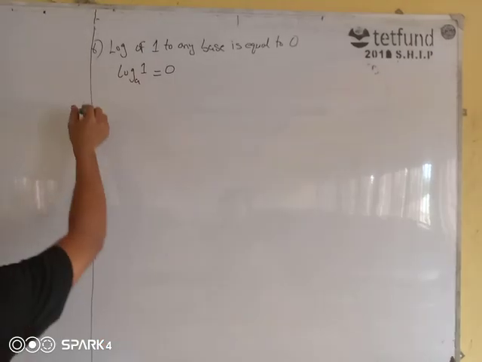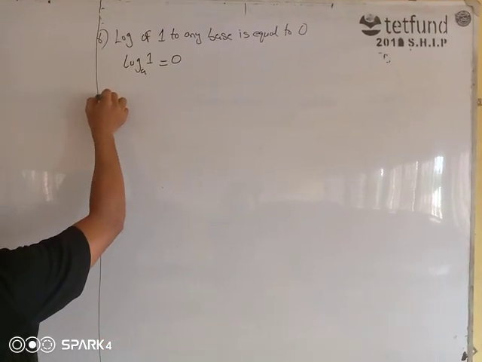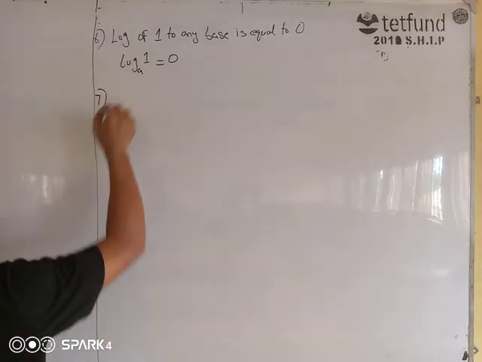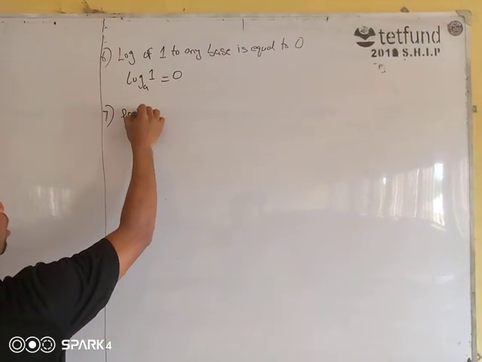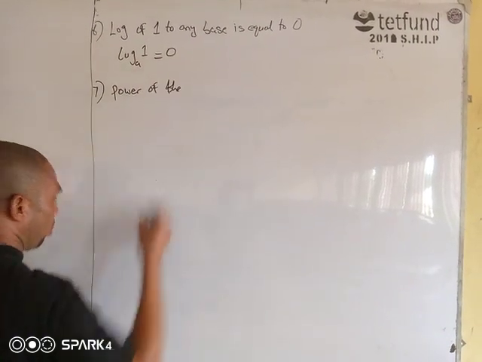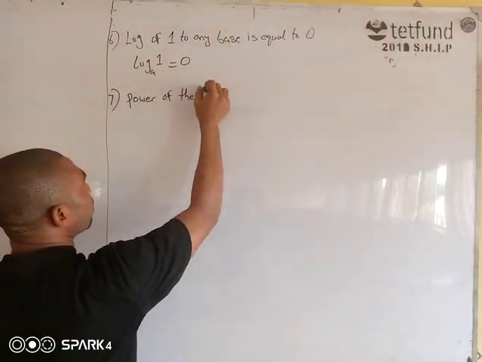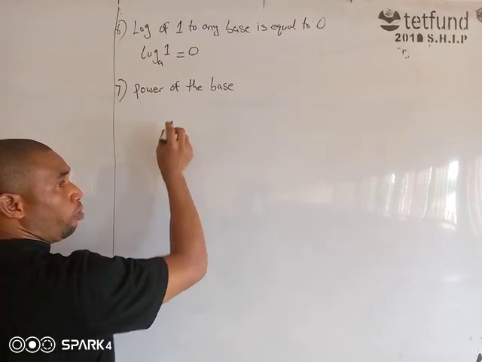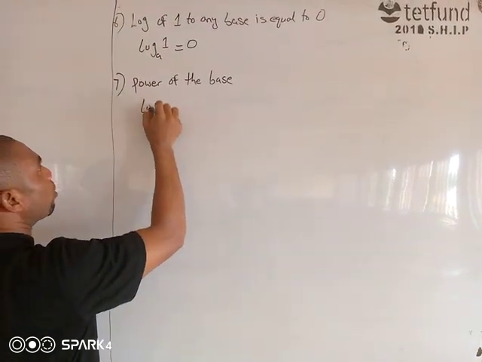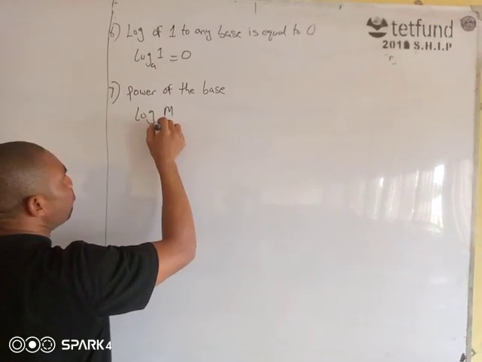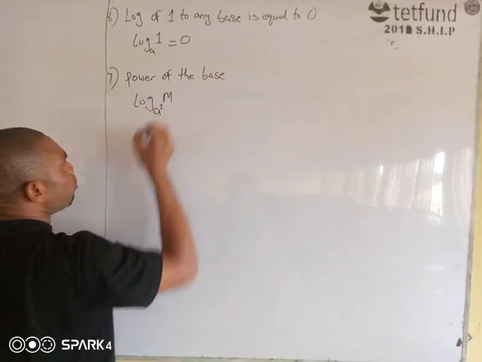Now, the next law of logarithm is what I call the power of the base. If we should have log of m base a raised to power 2.